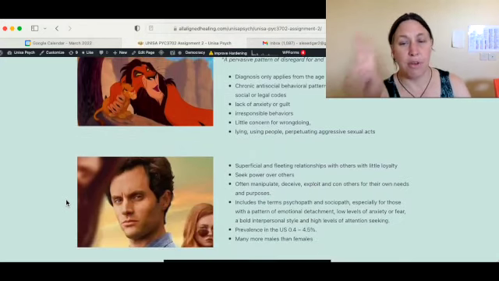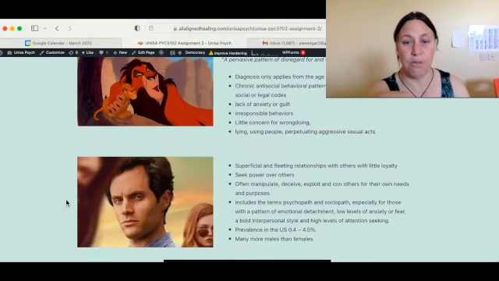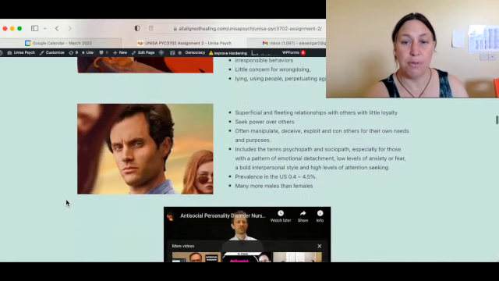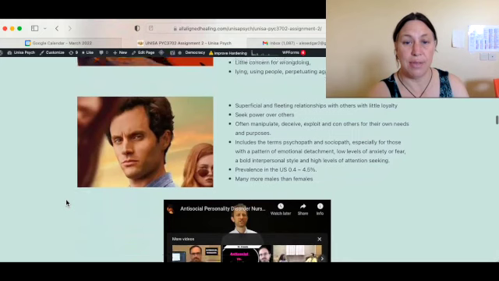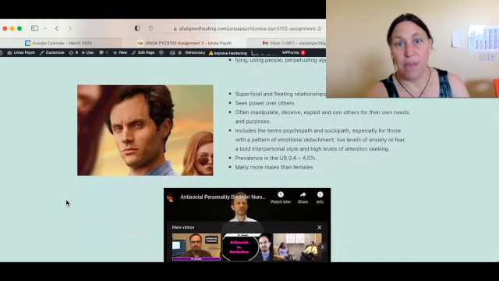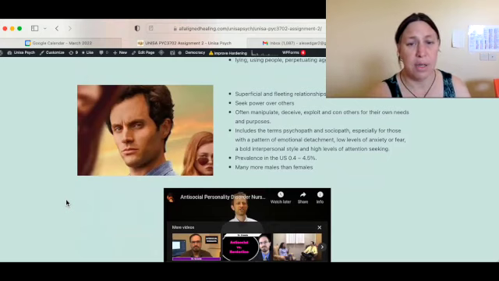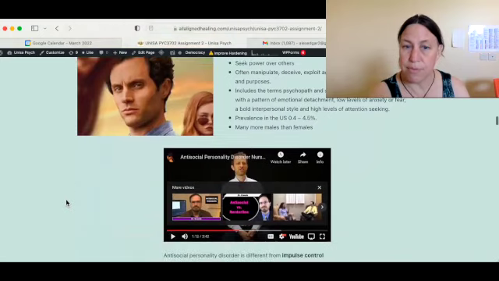So psychopaths and sociopaths both fall into the antisocial personality disorder. There's low levels of anxiety and fear, often a bold interpersonal style, and high levels of attention seeking. Nearly 5% prevalence in the United States at the top level of the spectrum, which is 1 in 20 people. That's quite a lot. Many more males than females.